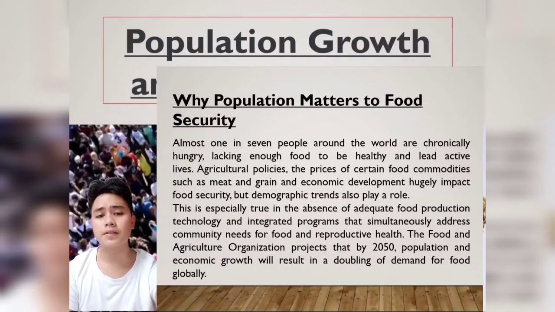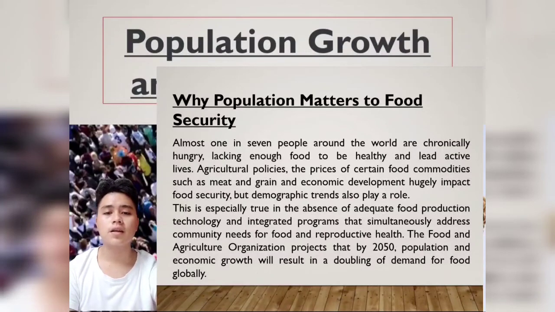But demographic trends also play a role. This is especially true in the absence of adequate food production, technology, and integrated programs that simultaneously address community needs for food and reproductive health.